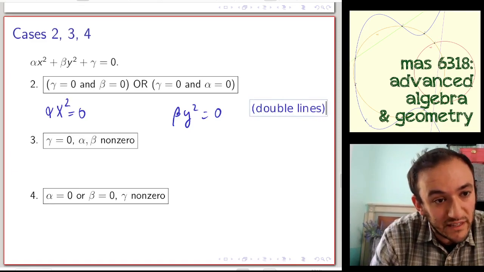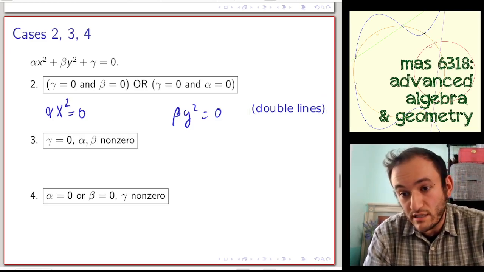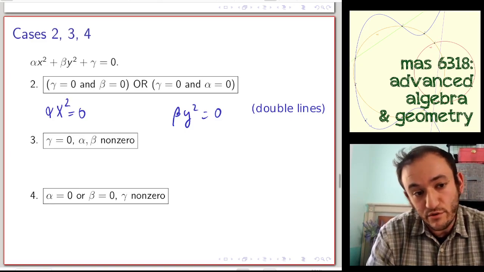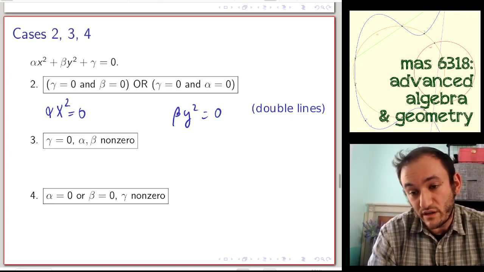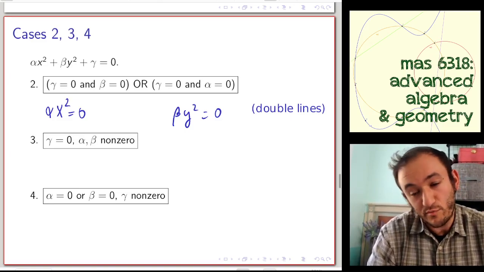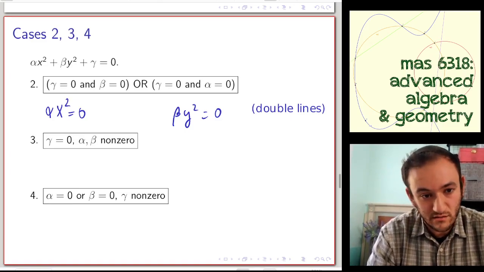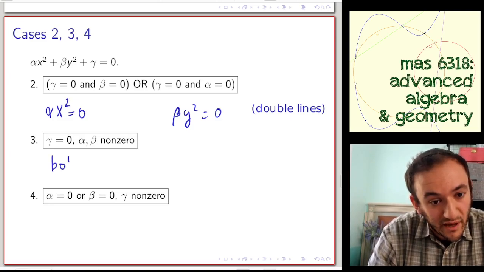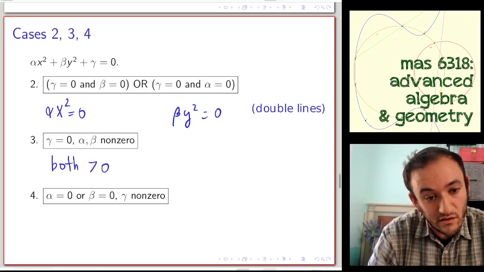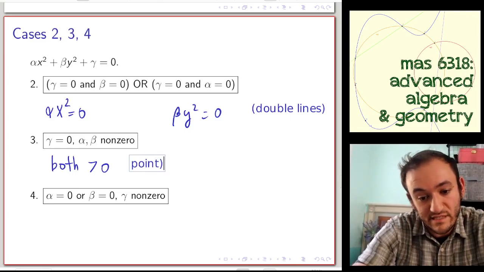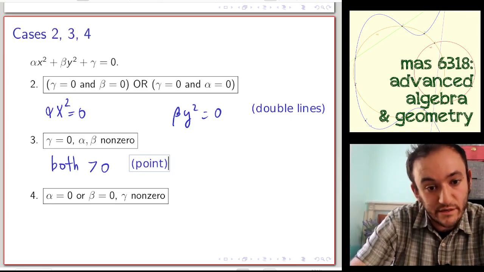How about if gamma equals 0 and the other two are non-zero? Then you have alpha x squared plus beta y squared equals 0, in which case, if they're both positive or both negative, we could be describing a point, because the only thing that would satisfy that is if both x and y are 0.